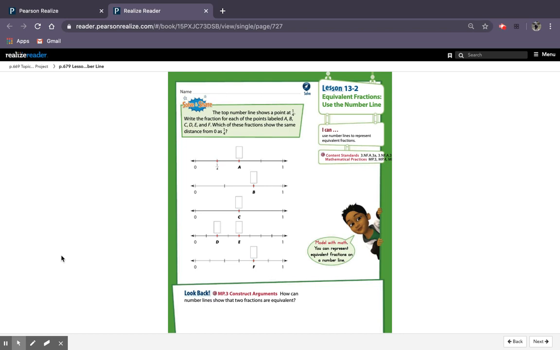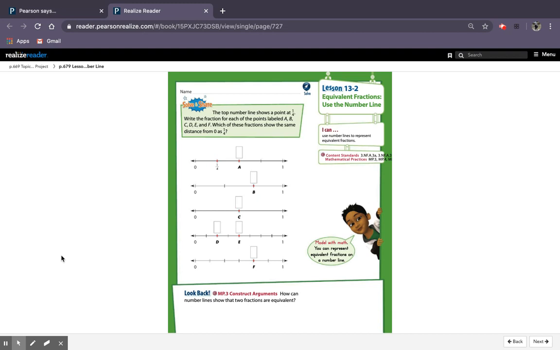Hi everyone. In this video, we're going to be looking at lesson 13.2, which is equivalent fractions, use the number line. So we used the number line before in topic 12, just to talk about fractions and show fractions that were less than one, fractions that were more than one.